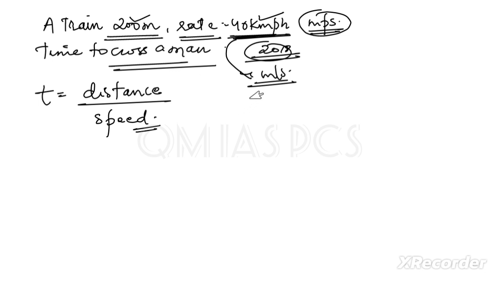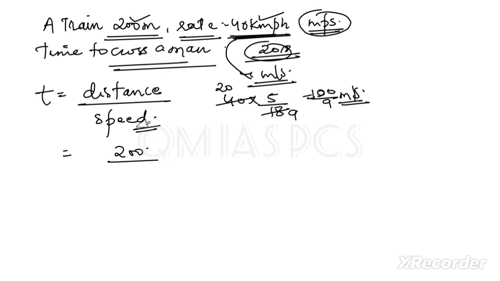So what we will do: 40 multiplied by 5 by 18. Okay, I'm not going to explain why right now. So here it is 9 and this one is 20, so we will have 100 divided by 9 meters per second. Here the distance is the length of the train, that is 200. Sometimes people get confused about what to write as distance when the length is given.